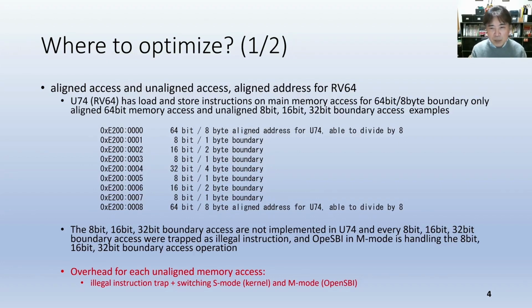And so two things happen. One, memory access which is not aligned with the 8-byte address will generate an illegal instruction trap, and then switch from S mode in the kernel to M mode in OpenSBI for every instruction, and switch back. That's one observation.